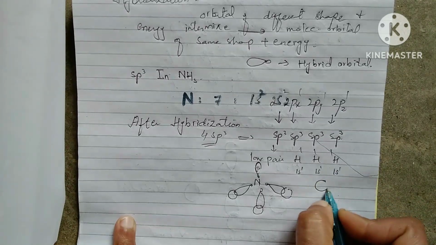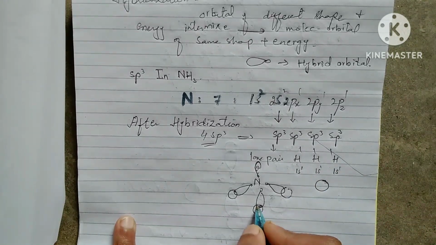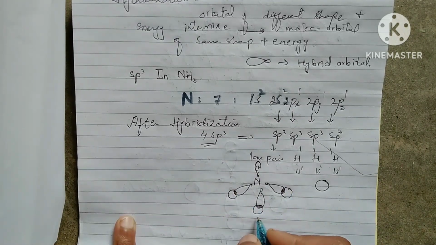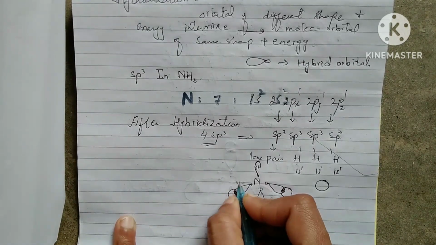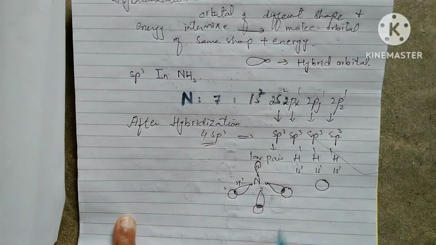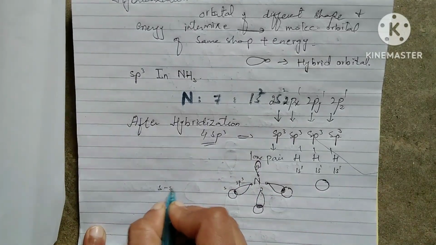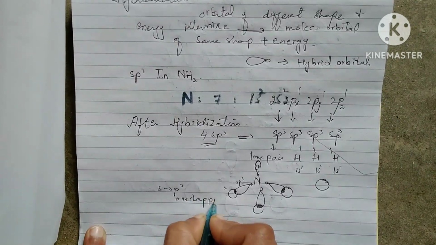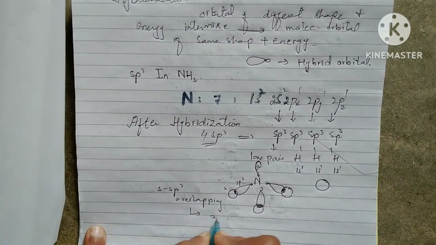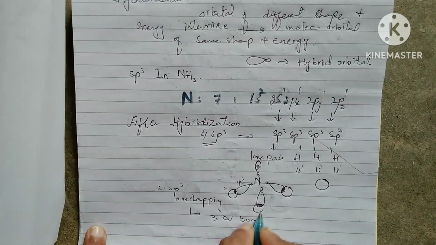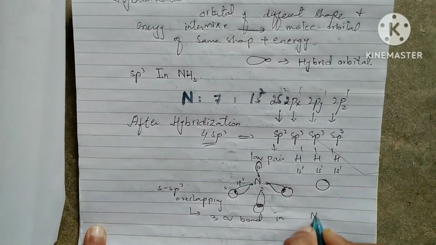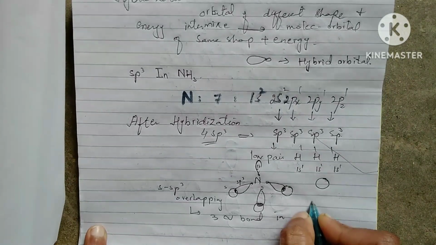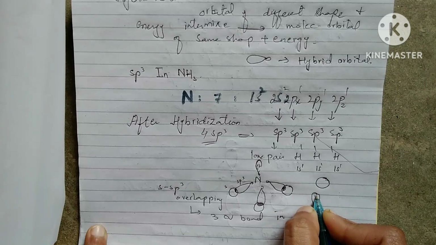So the shape is spherical, and these 3 s orbitals will form bonds with the sp3 orbitals. So here we have sp3 overlapping, which gives 3 sigma bonds in ammonia. And the one will act as a lone pair.